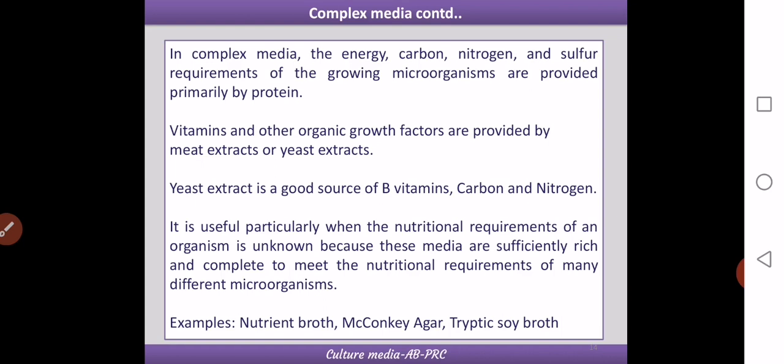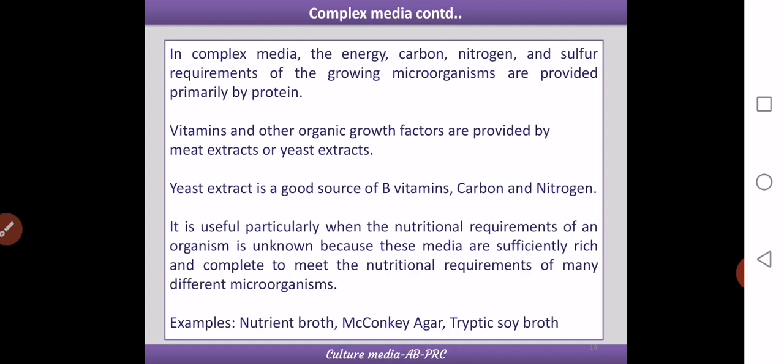In which condition do we use this complex media? It's widely used when the nutritional requirement of an organism is unknown. In such a situation, we cannot define a composition. That means if you have a bacteria and the need of that organism in terms of nutrients is unknown, then in that situation we will provide a very rich media.